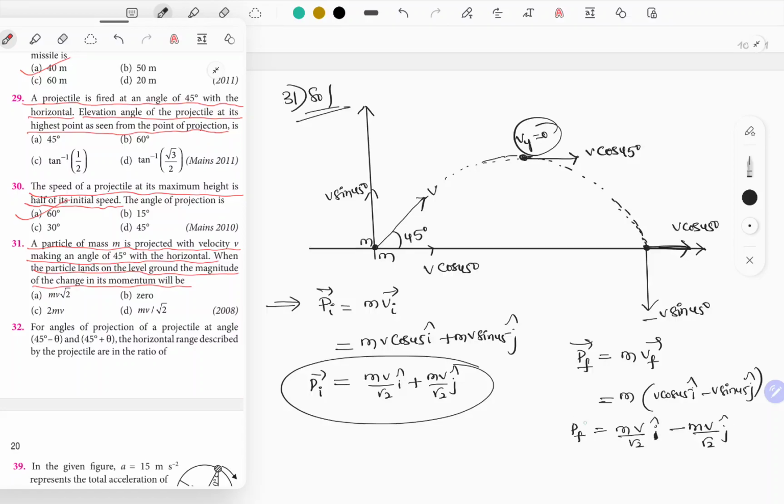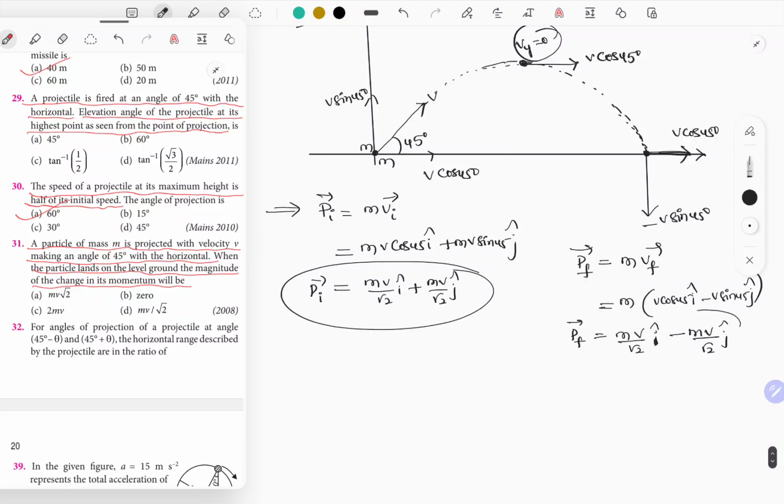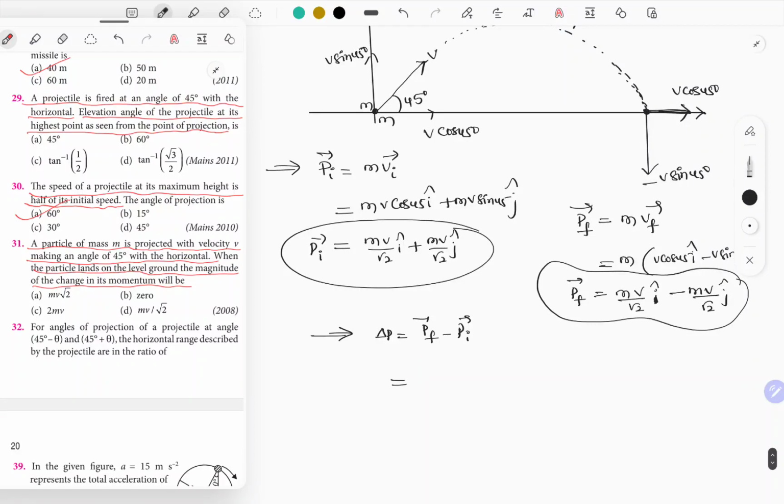They are asking for the magnitude of change in momentum. Change in momentum is equal to final momentum minus initial momentum. I need only the magnitude, which is what they are asking.